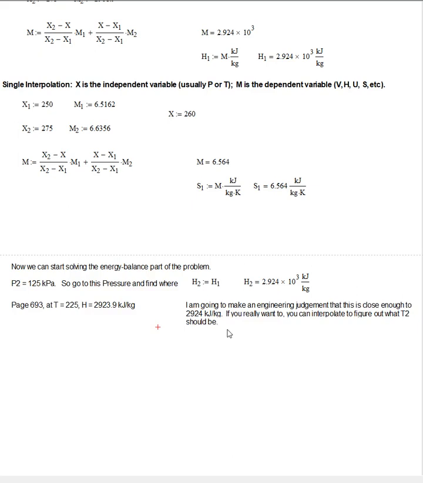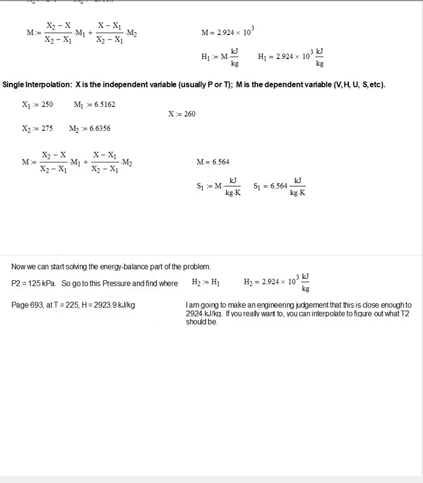So I'm going to assume in doing this problem that this is close enough. You do need to know how to interpolate, but we're talking about hundredths of a percent here as far as the difference in values. If you'd really like to interpolate, you can do that.